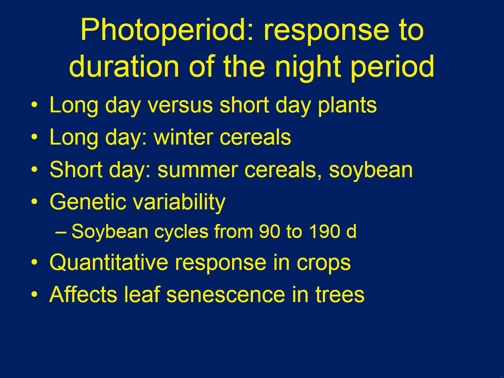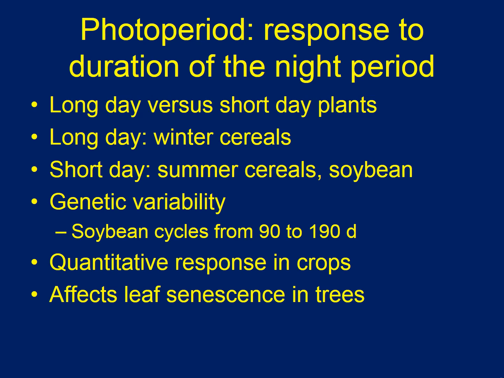The response to photoperiod actually is a response to the duration of the night. We can distinguish between long day plants and short day plants. Long day plants like winter cereals will accelerate their development rate under long day conditions, with long days.